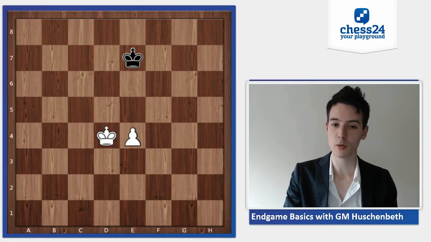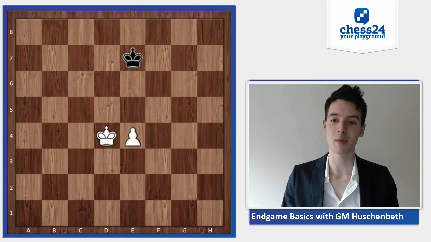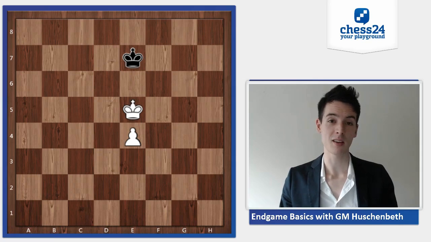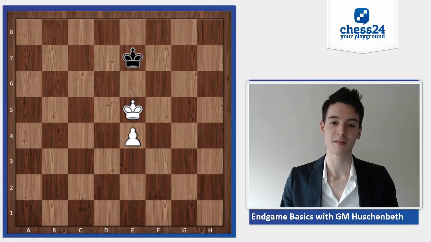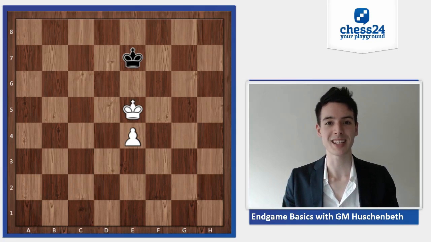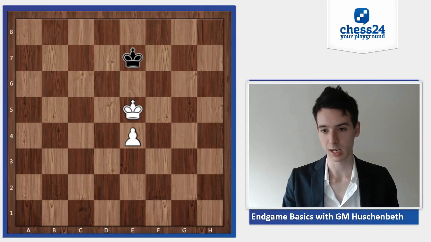So let's go back, and at this point white can achieve the opposition by playing the king to e5. And now black has to move its king, obviously, and this allows white to get by the king and push forward the pawn, which is supported by the king. Let's see how this works out.